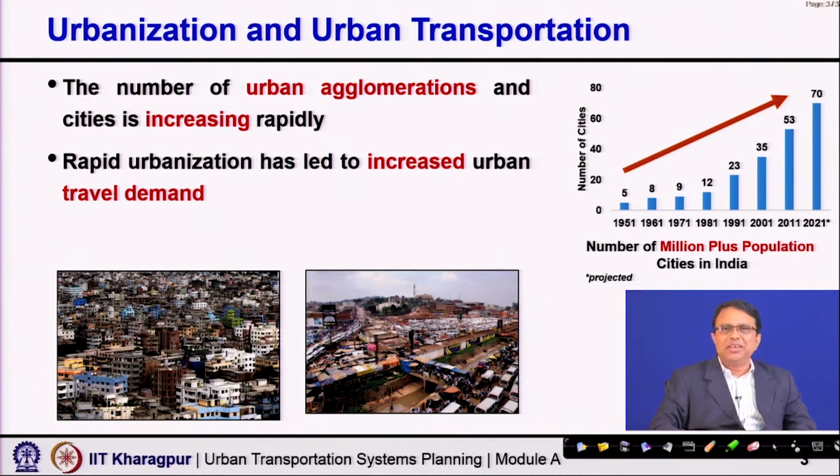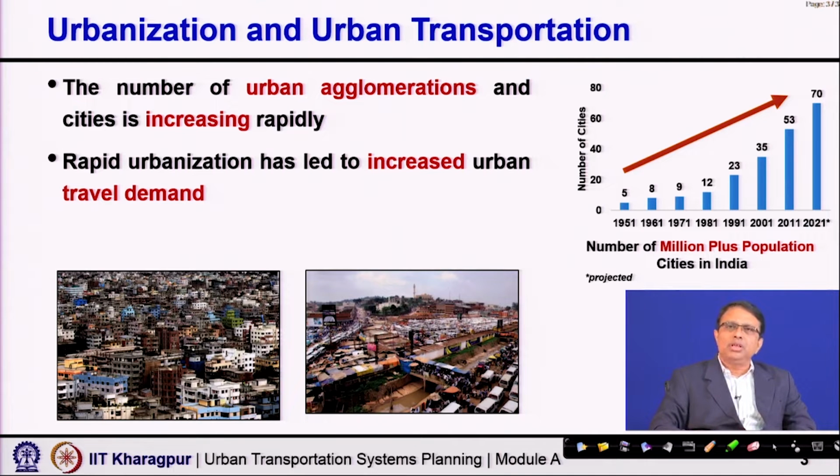You can say that there is a very steady growth, and as per the projection around 2021-22, we are expected to have nearly 70 cities in India where 1 million or more population will live. So, that shows the magnitude of urbanization and the kind of transformation that is taking place in the Indian scenario.